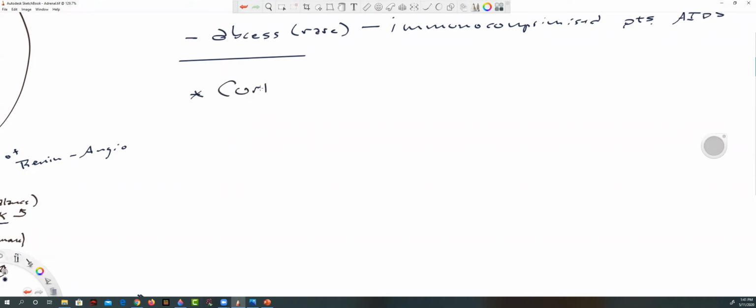So, cortical pathology. Remember the outside, the cortex kills me. I always think of a core as being on the inside, but a core, when it comes to the body, is on the outside, even though your core temperature is your inside temperature. Cortical pathology. First one, Addison's.